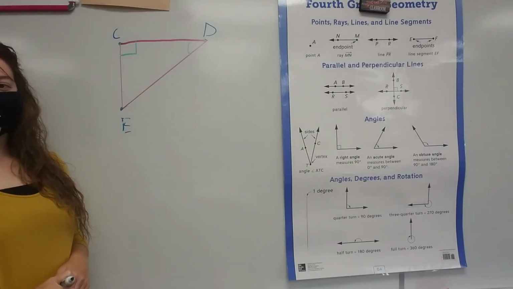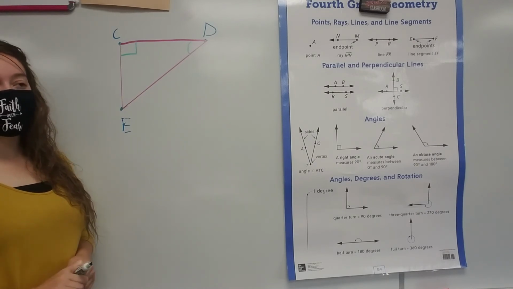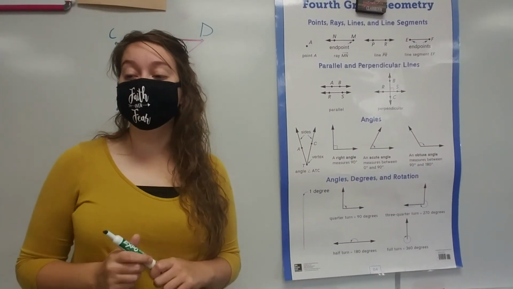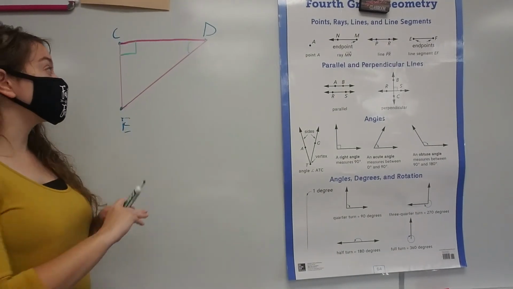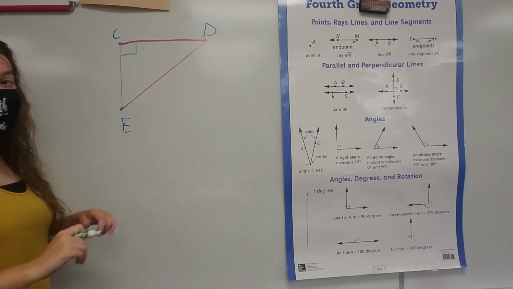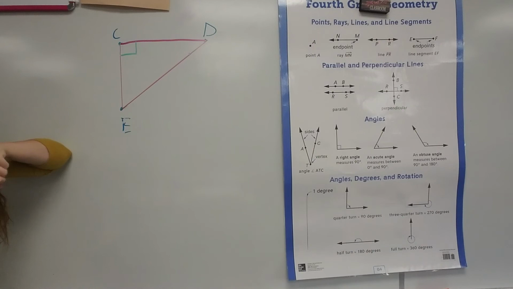Name the parallel line segments. All right, now name the perpendicular line segments. Part B is actually supposed to be right, and I was trying to think about that, because even if they ask us about this angle, which is acute, if the triangle has one right angle in it, the whole triangle is a right triangle.